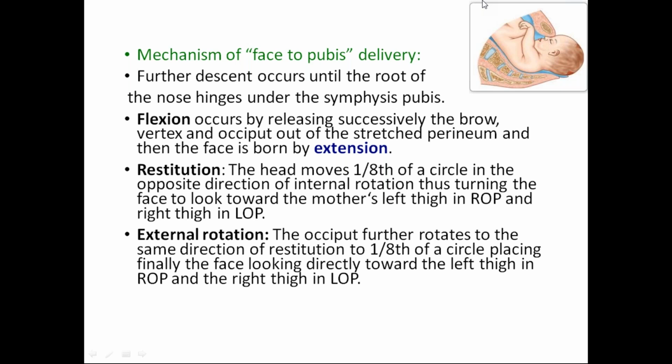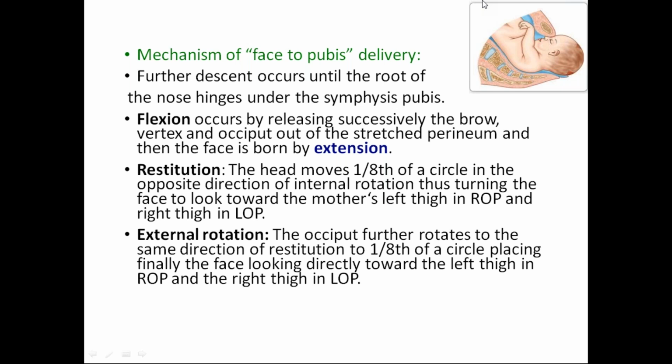The restitution: all these movements circle in the opposite direction of the internal rotation. Restitution is always in the opposite direction of the internal rotation. Whatever extra rotation there was will come back, tolerating the extra rotation around one eighth of a circle. And the face looks toward the mother's thigh. If it is right occiput posterior, it is right.